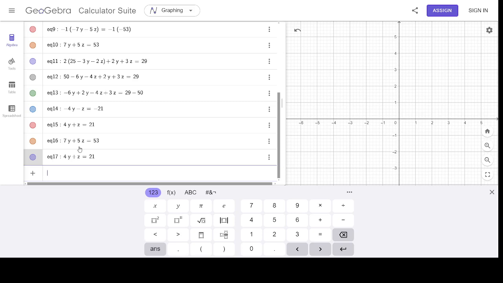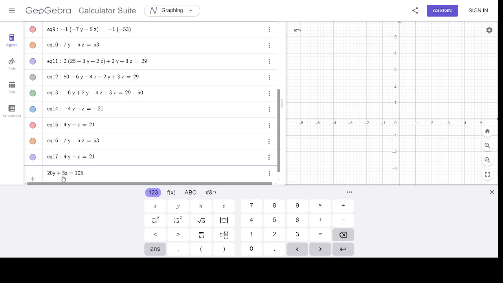So if we multiply through equation 17 by 5, we will get 20y. That's 4y times 5, which is 20y, plus z times 5, which is 5z, is equal to 21 times 5, which is 105.